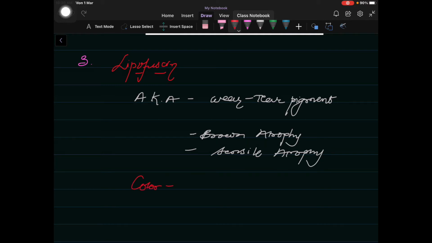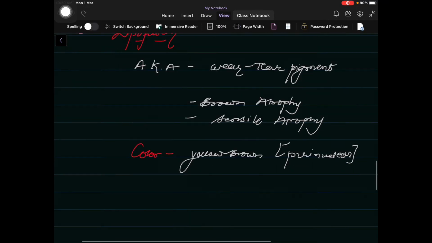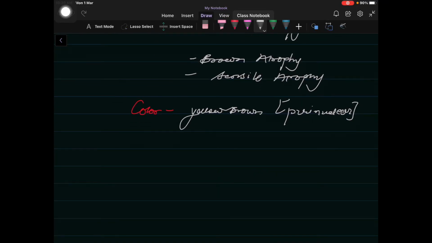The color of the lipofuscin is yellow brown, perinuclear in nature, and the special stain used for staining lipofuscin is oil red O.